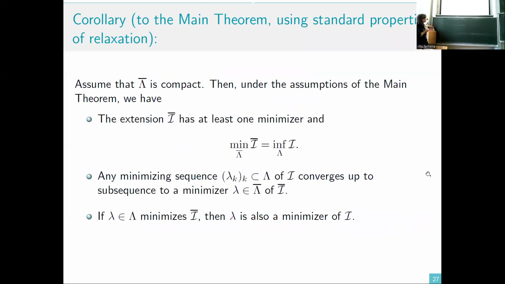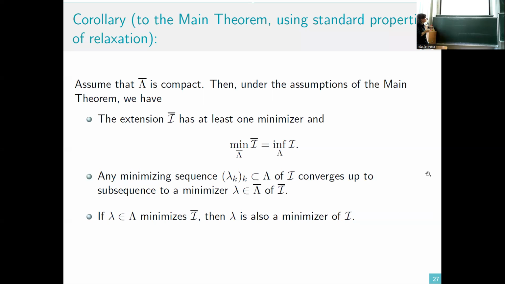And as a corollary to the main theorem, if the closure of lambda is compact, then under the same assumptions of the main theorem, Moscow convergence plus uniqueness of minimizers at the border, there exist solutions to the extended cost functional, which coincides with the infimum of the original one.